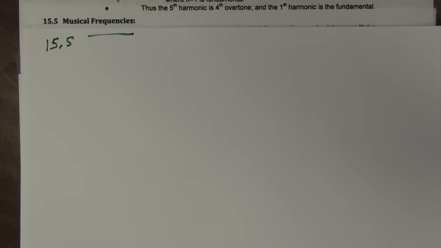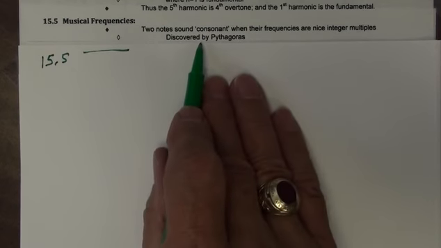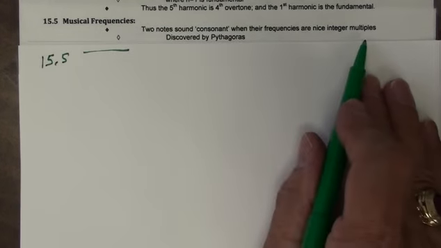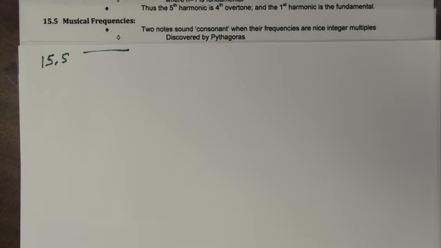Well, it was discovered by Pythagoras first that sounds sound consonant when their frequencies are nice integer multiples of one another. So, for example, you can show that for a drum or for a cymbal, you're really looking at a plate of steel or drum head.